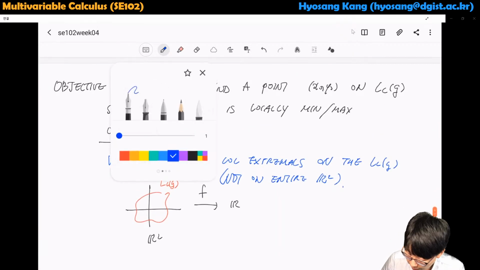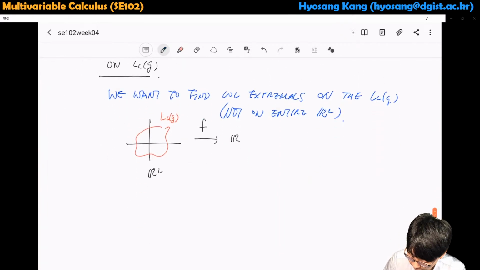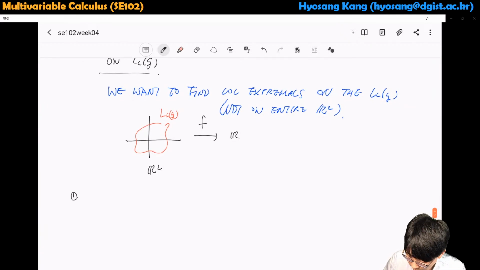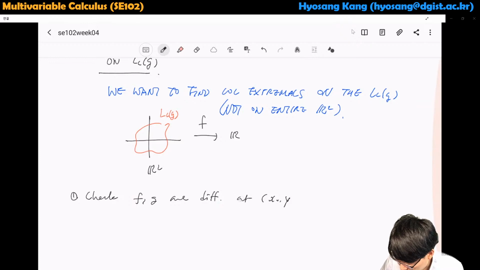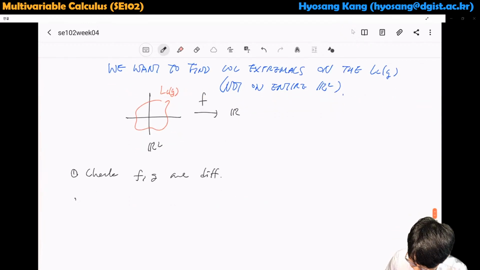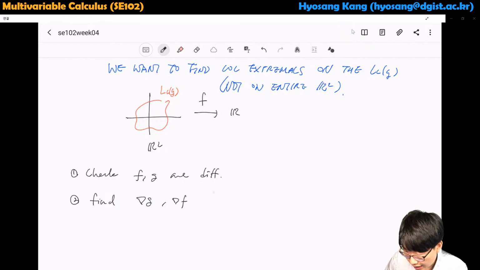Then what we have to do is first check that f and g are differentiable, and then find these two gradient vectors. Actually this is a vector field, because I don't pick a specific point to calculate my gradient vectors. So this is still a function of x and y.